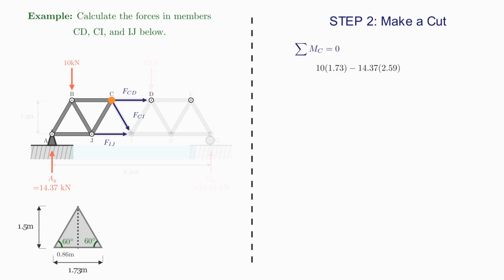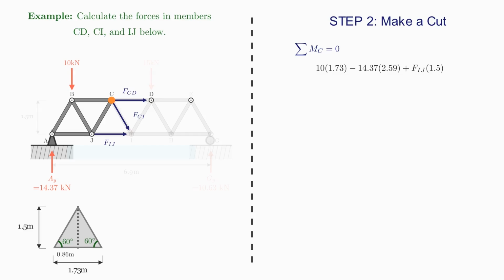And then the final force I have left is the FIJ. If C is fixed, this would turn the truss in a counterclockwise direction, so it gives me positive moments. So I do FIJ multiplied by the 1.5. Note that the FIJ is a horizontal force, so I need to take the vertical distance, which is 1.5, the height of that equilateral triangle.